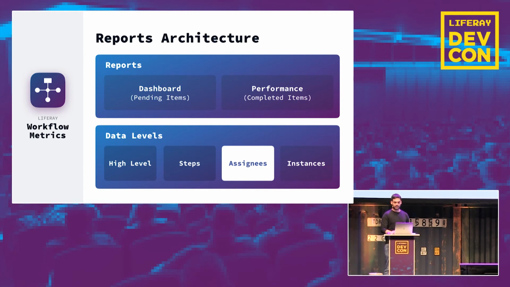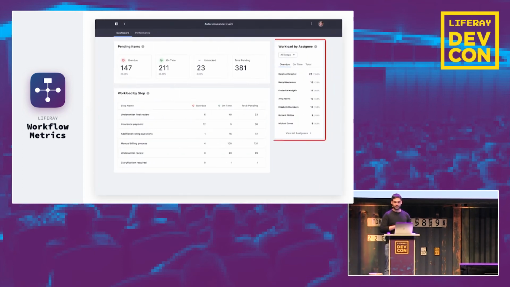And on the assignee level, you find it here on the right part. Here, you have the information of the current workload that you have. You can see for each assignee that you have for tasks, how many items they are responsible for, and from that, how many are overdue, how many are on time.